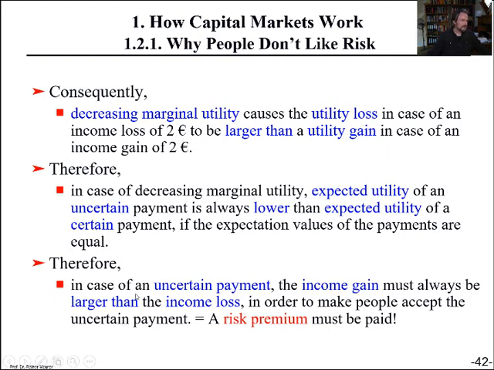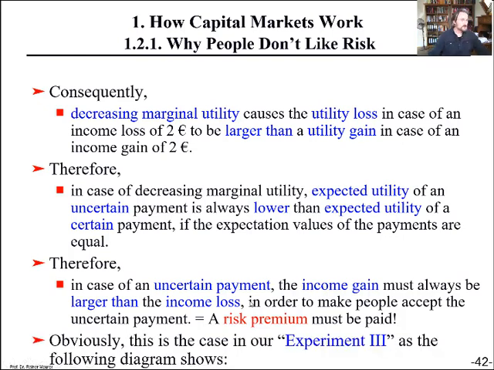And therefore, in case of an uncertain payment, the income gain must always be larger than the income loss in order to make people accept the uncertain payment, which means a risk premium must be paid.